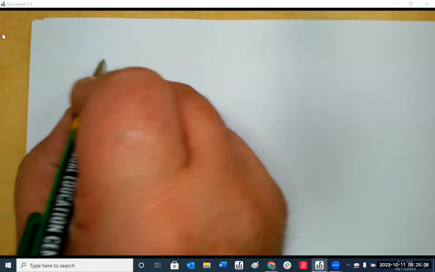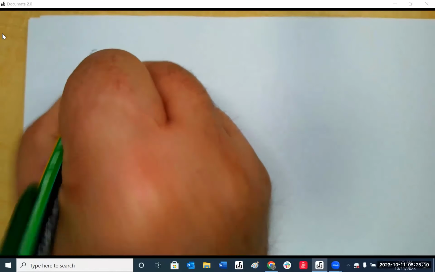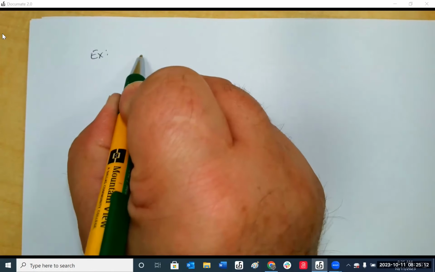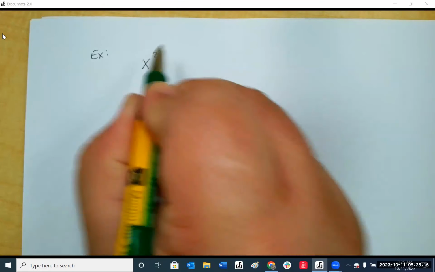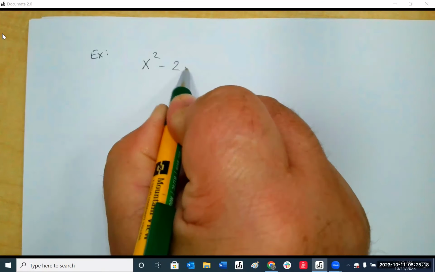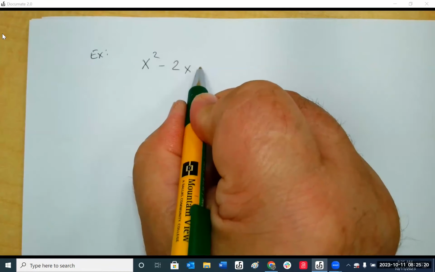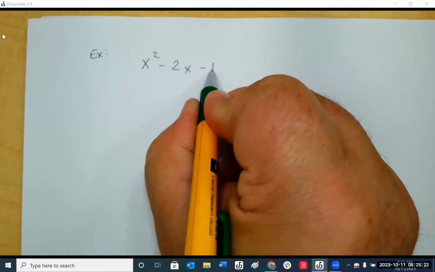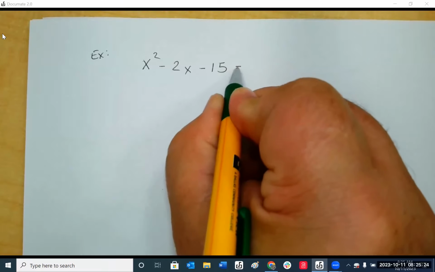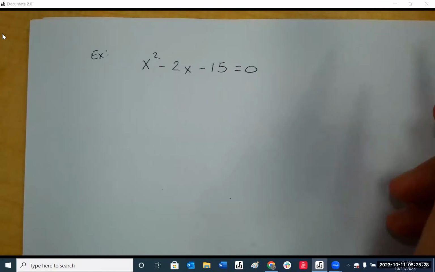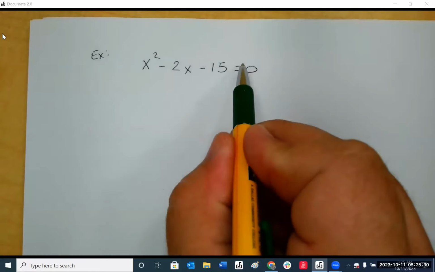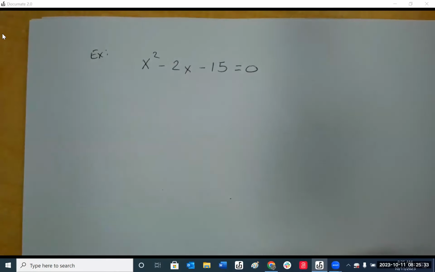So here's an example. Remember, it's a quadratic equation, so it has to be everything on one side set equal to 0.